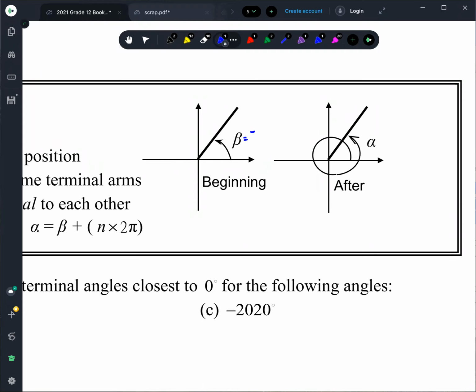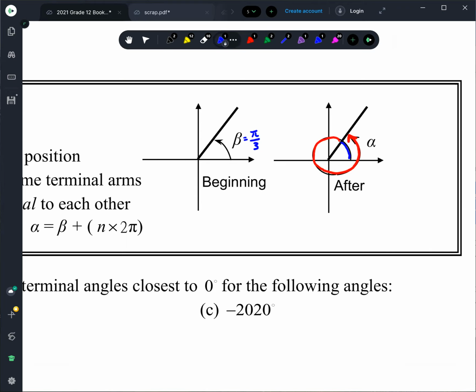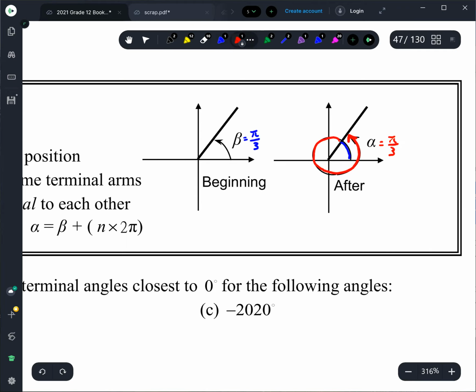So if the beta, angle B, is pi over 3, and I want to keep on turning from pi over 3 and make a full circle again, pi over 3 is the blue part, and I continue to turn the red part. That's a full circle, so a full circle is 2 pi. So the angle A will be pi over 3 plus 2 pi.